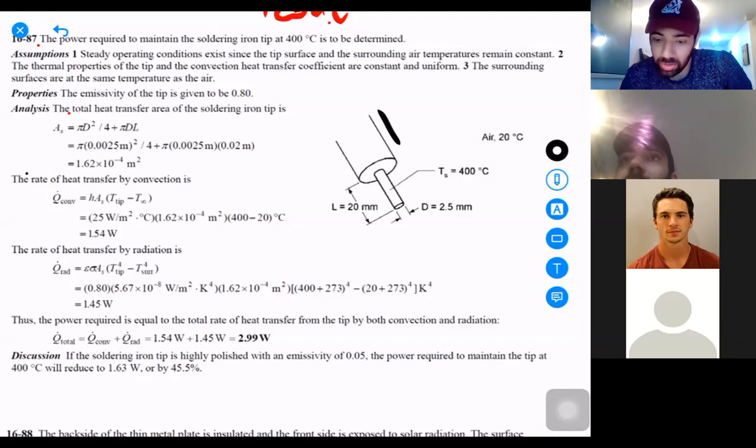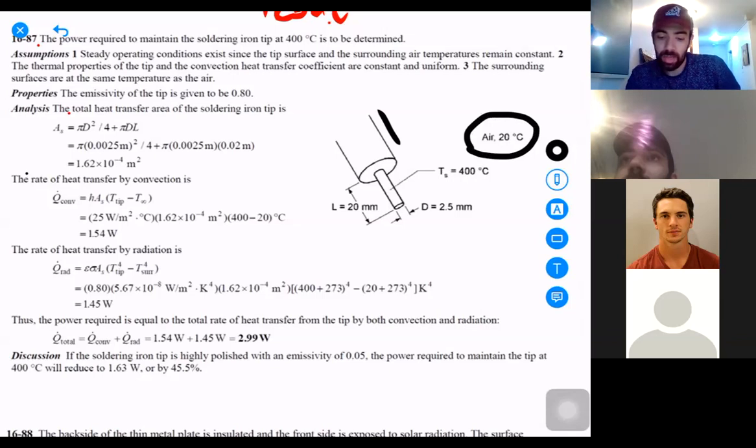And if you see the picture, it is giving me surrounding air at 20 degrees Celsius, and also conditions for the surface temperature of the tip and the length and diameter of the tip. So when it is giving you the specifications of air, and it is saying the air is at 20 degrees Celsius, you have two terms of heat transfer here.